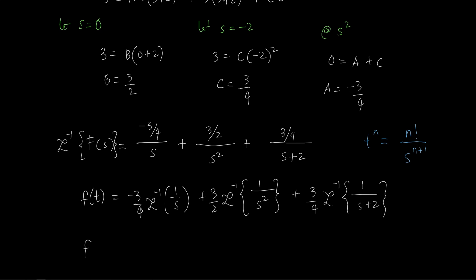So, we have f of t equal to negative 3/4, plus 3/2 t, plus 3/4 times e raised to the power of negative 2t.